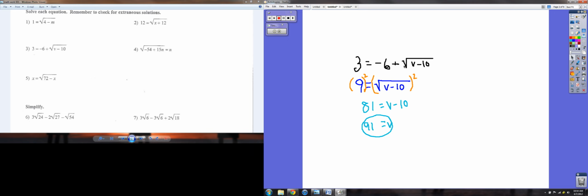Okay, well that's the square root of 81. The square root of 81 is equal to 9. So negative 6 plus 9 is equal to 3. I don't know what your teacher has asked for you to do, but what you would need to do down here is to go ahead and check it off that you have checked for extraneous solutions.